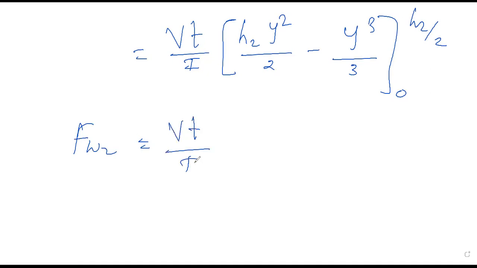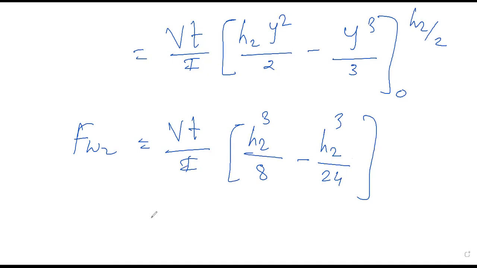Vt by I, h2 cube by 8 minus h2 cube divided by 24, is equal to Vt by I into h2 cube divided by 12.